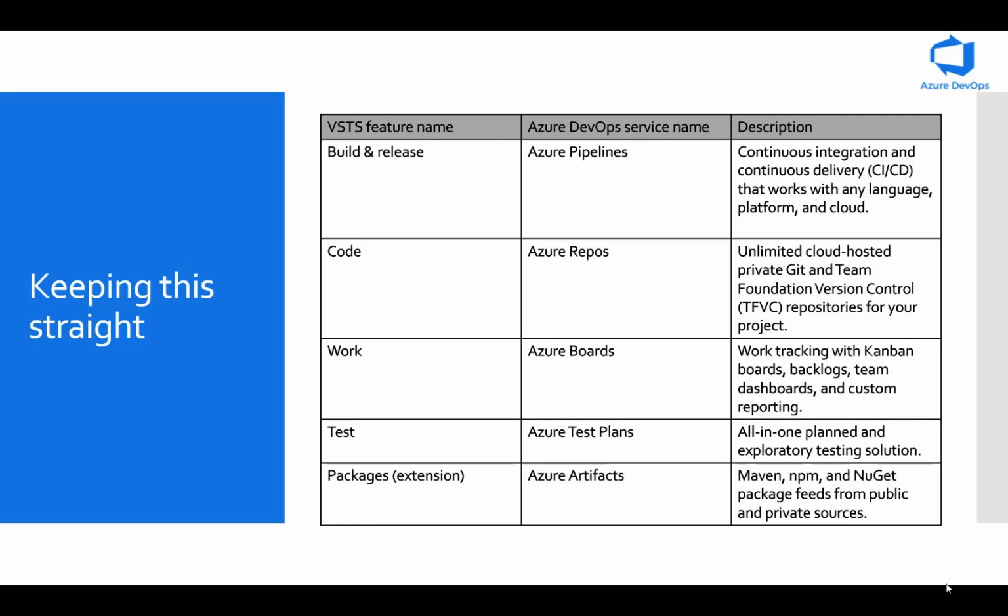We will go through each one of these in more detail throughout the rest of this course, but with this table I just wanted to demonstrate some of the differences in terminology that you might come across. So rather than get confused, I wanted to give you a chance to get familiar with some of the terms that organizations or people sometimes use interchangeably, but which refer to what version of Azure DevOps you are essentially using.